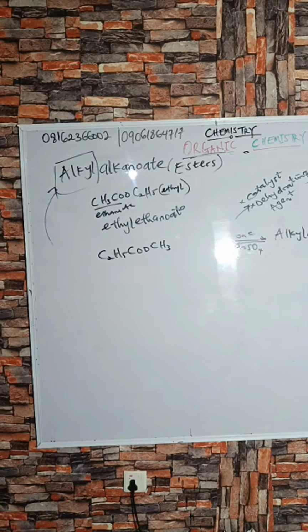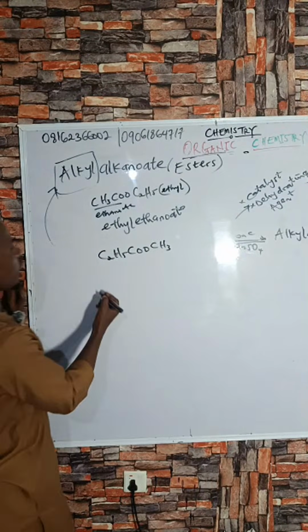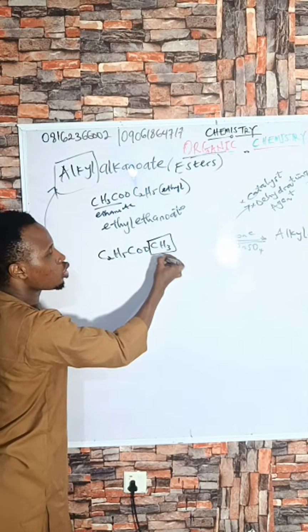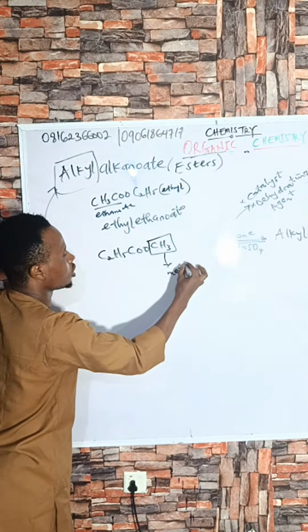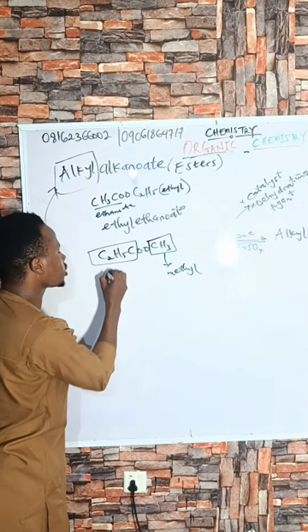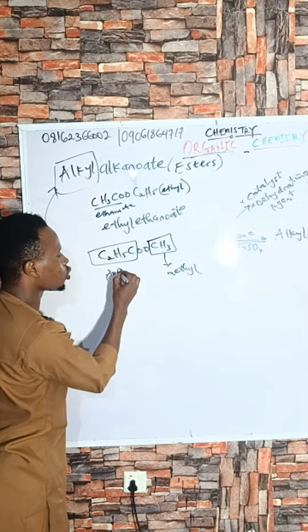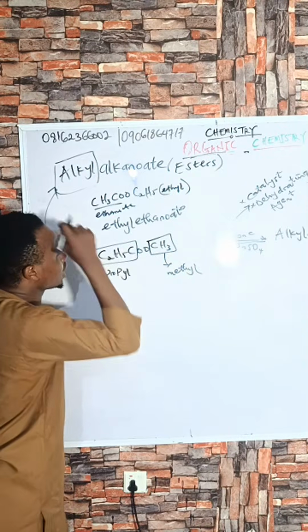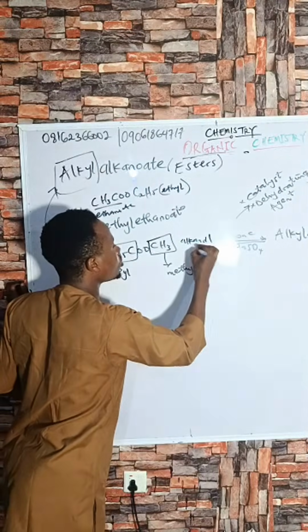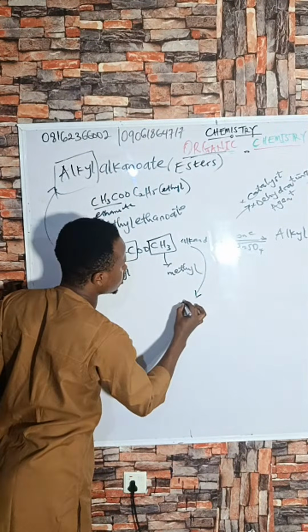All right, so I'm going to draw it out as usual. But even before drawing, this is the one at the front. What do you call this one? Methyl. This is the one at the back. How many carbon is it? 3. That is propyl. Now I said the one at the front is your alkanol, and it is the one that will form your alkyl.